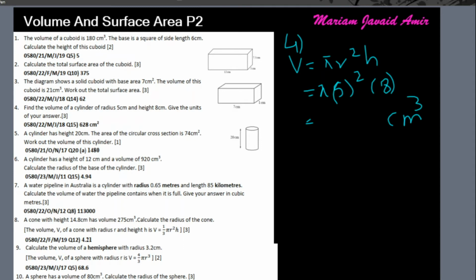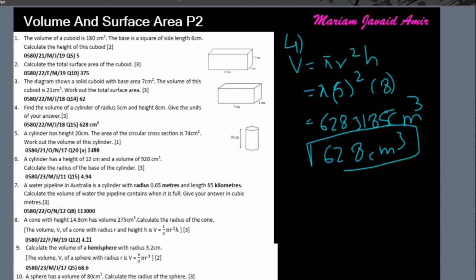And let's see what we get. Pi times 25 times 8 is 628.3185 and so on. So correct to 3 significant figures, this is the answer.